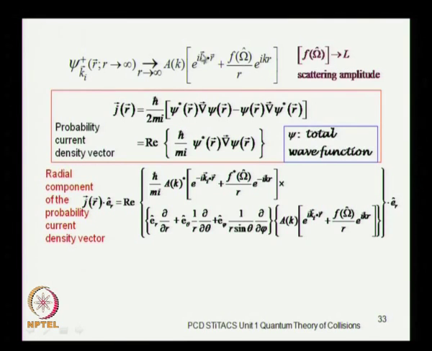Then you have the gradient operator, and then the wave function itself, which is the incident part plus the scattered part, normalized according to the energy dependent normalization. So, this is the radial component of the current density vector.